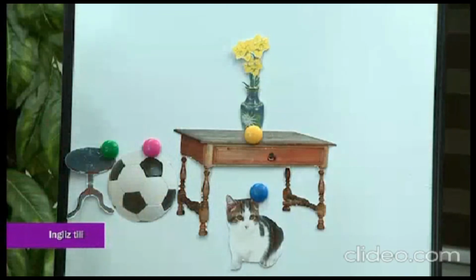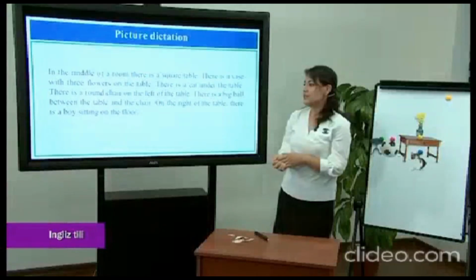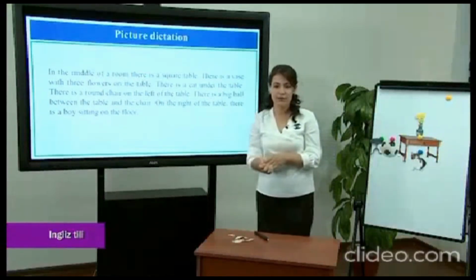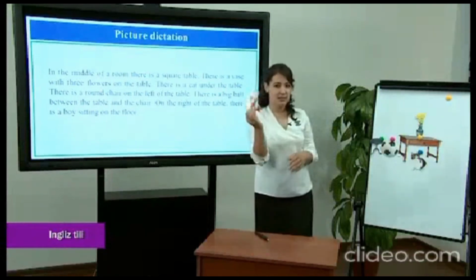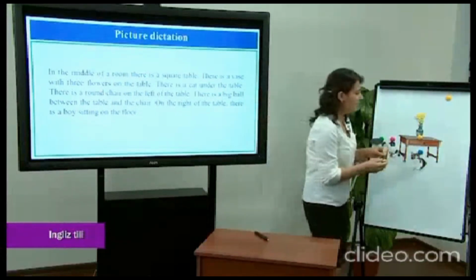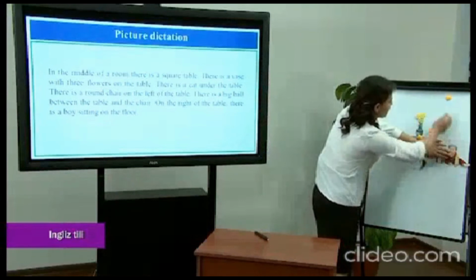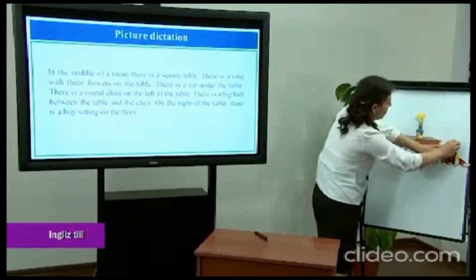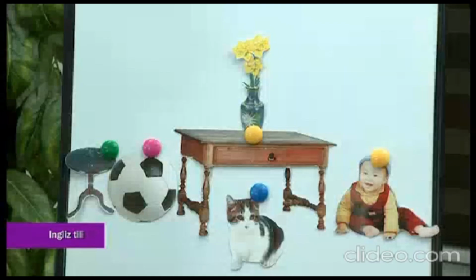And the last one, on the right of the table, there is a boy sitting on the floor. This is a boy, and he is sitting on the floor. Like this, your pupils should also have such a full picture of the room.